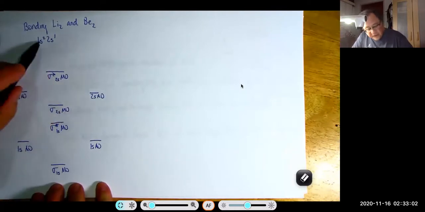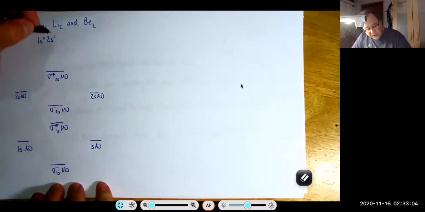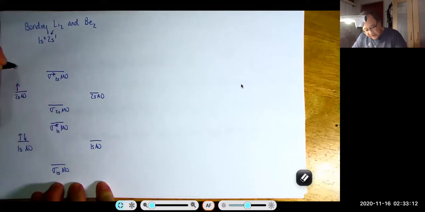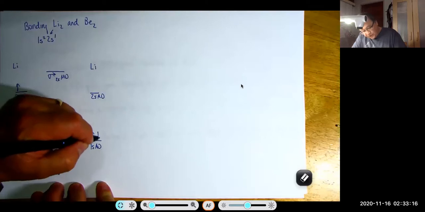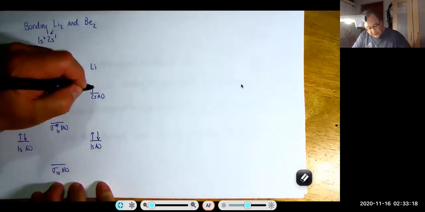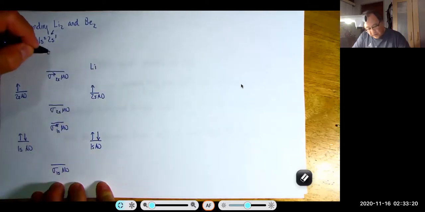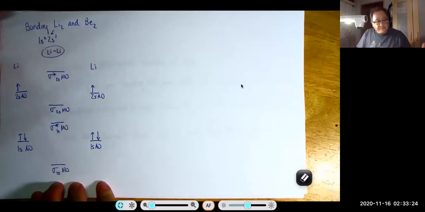Now, the lithium atom, which is 1s2, 2s1, is going to have 2 electrons here and 1 electron here. And since we have 2 lithium atoms, so here's 1 lithium and here's the other lithium, we have a 1s2 and a 2s1. And here we want to take a look at, well, what happens when lithium bonds to lithium?